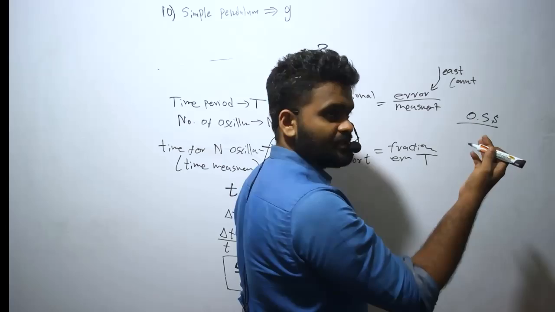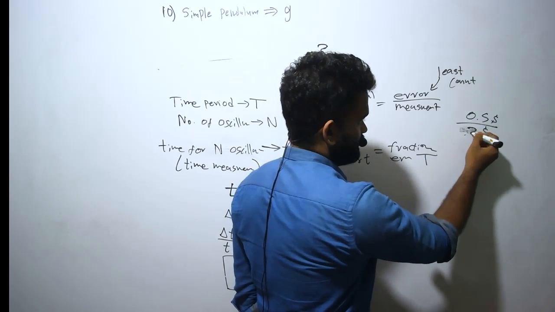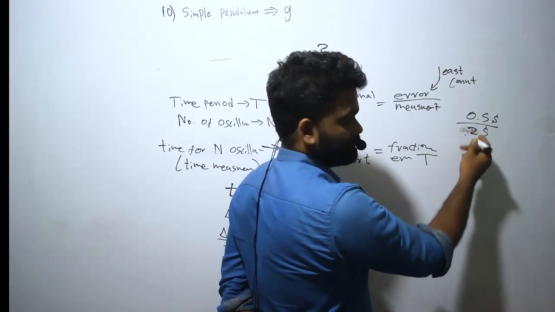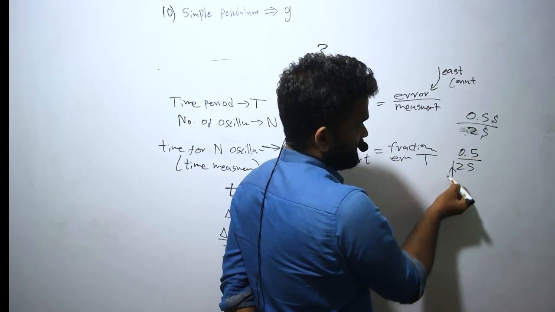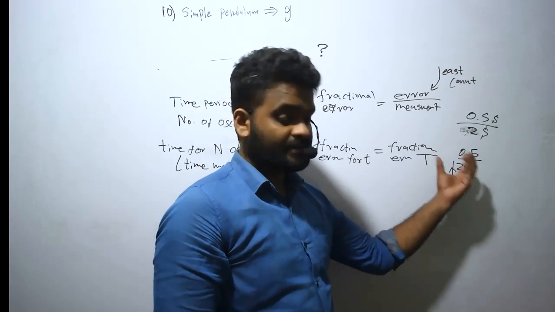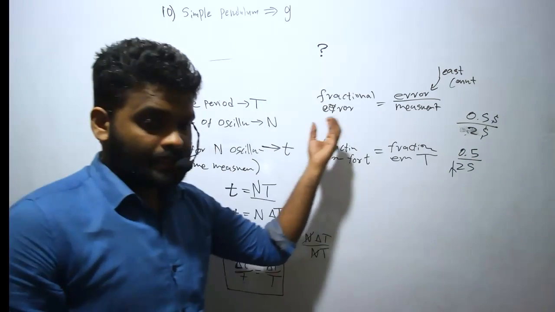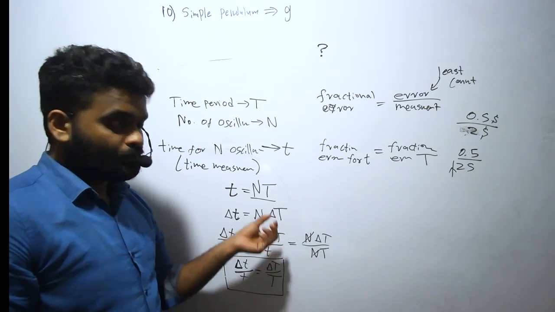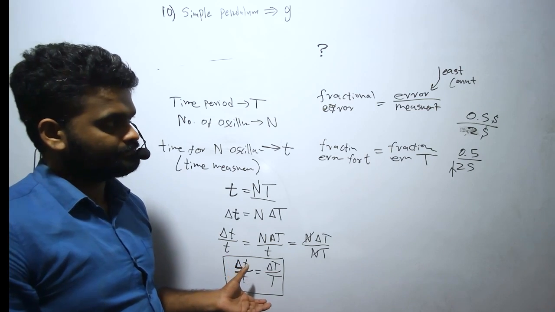Let's say the measurement is 2 seconds for one oscillation. But if you take 25 oscillations, the denominator is higher, so the fractional error decreases. That's the reason you go for 25 oscillations. The measurement is larger, and that fractional error is equal to the fractional error of the time period as well. We prove that here.